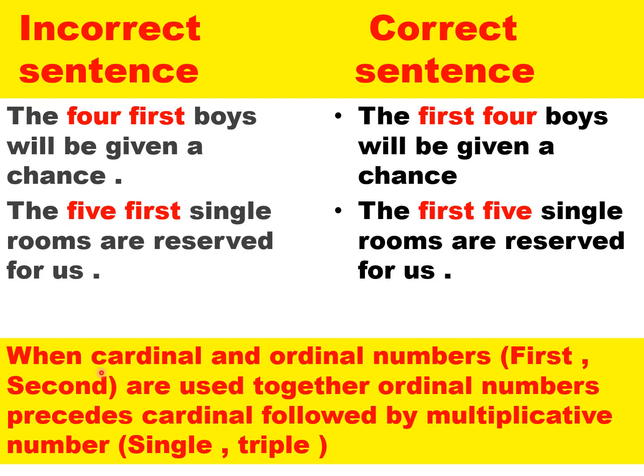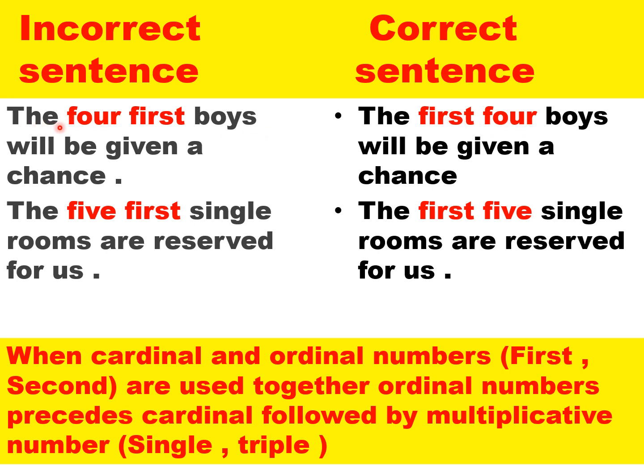See the rule. When cardinal and ordinal numbers are used together, ordinal numbers precede cardinal, followed by multiplicative numbers. 1, 2, 3, 4, 5, 6 are called cardinal numbers. First, second, third, fourth are called ordinal numbers. This ordinal number must come first and then we must use cardinal numbers.